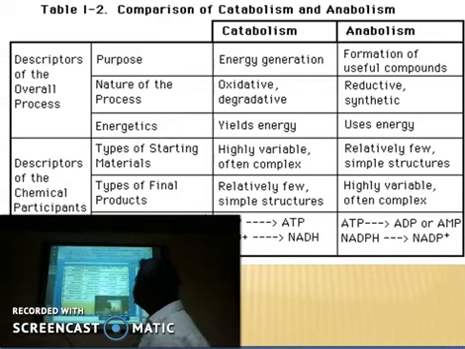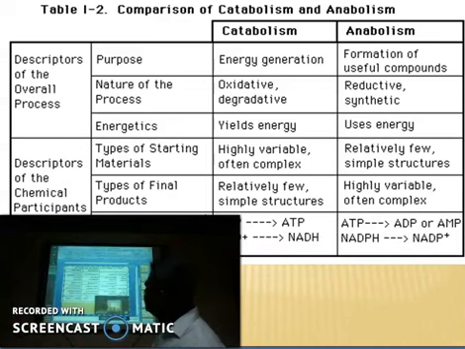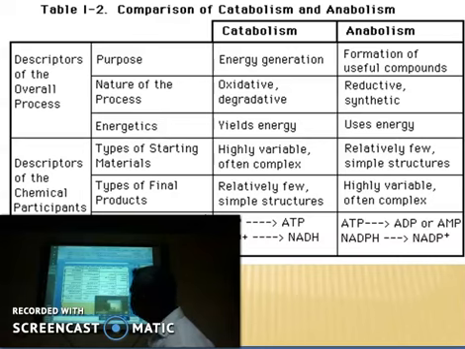Now how do they differ? If you see the purpose, energy generation is found in catabolism, whereas formation of useful compounds is found in anabolism. The nature of the catabolism process is oxidative or degradative, which I have already taught you, while anabolism is generally reductive or synthetic.